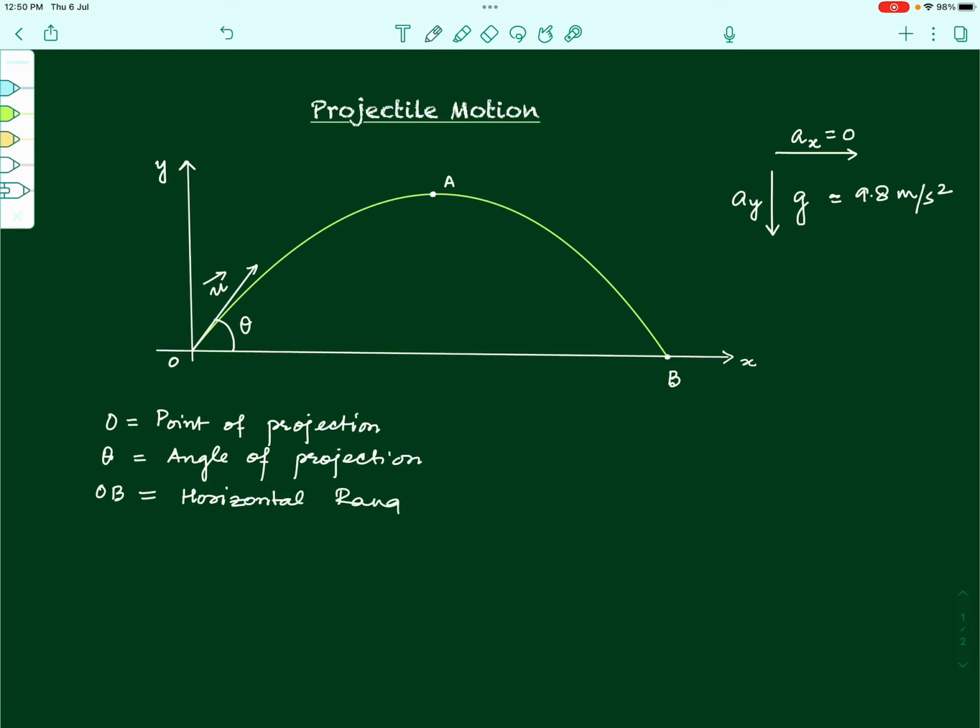And the time that the projectile takes to cover this whole distance as it moves from O to B is called the time of flight. So, T we take as the time of flight, the time for which the projectile was in the air. Then we also take the height of the point A as the maximum height attained by the projectile. So, if we consider the distance of the point A from the ground as capital H, capital H is called the maximum height.